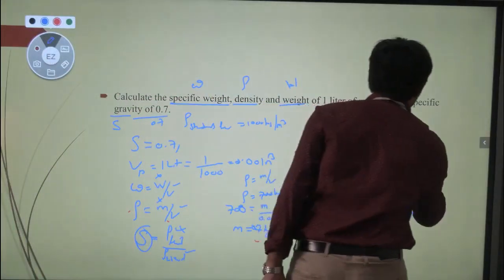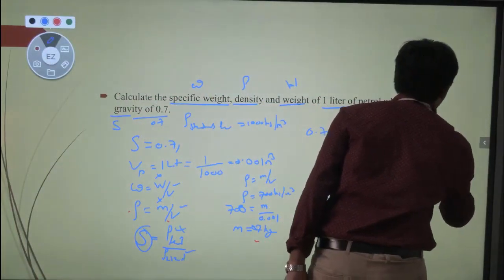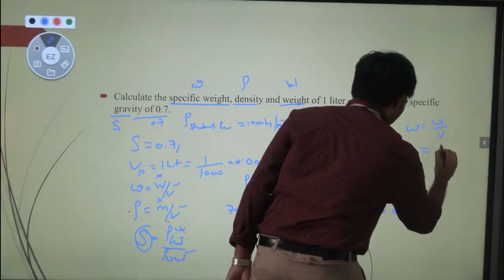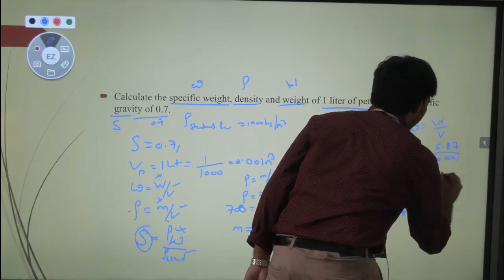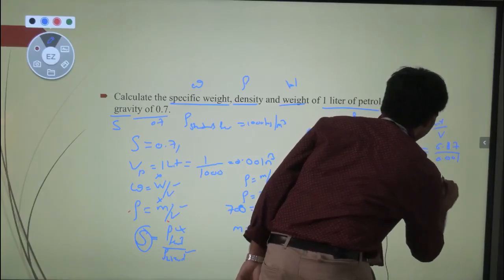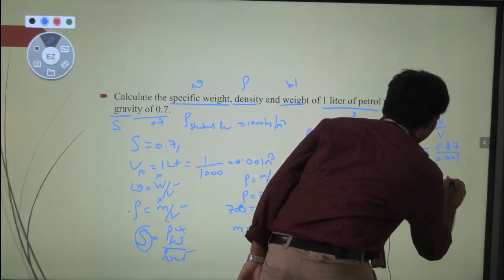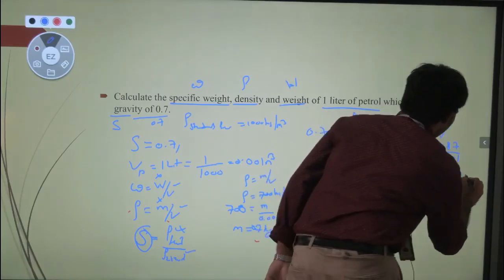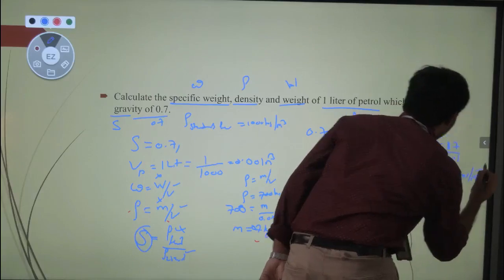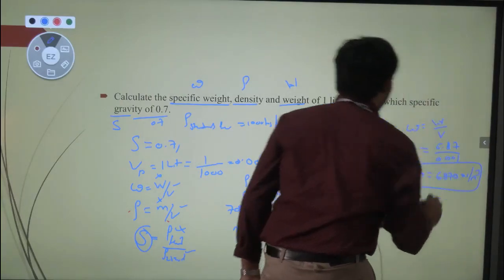We know specific weight is weight by volume. Weight we know is 6.87 and volume we know is 0.001. That means the specific weight is 6870 Newton per meter cube.